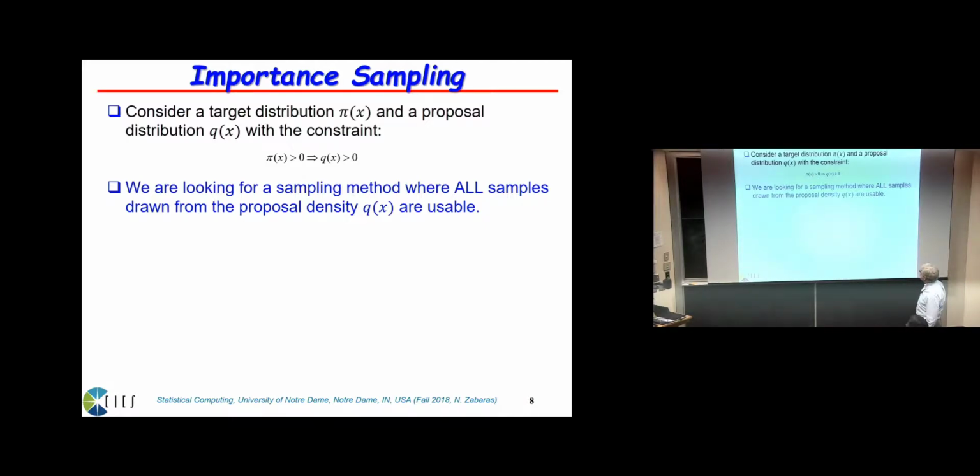We're going to try to generate samples that are drawn from Q in a way that we keep all the samples. We don't reject anything. So we're going to keep all the samples. We're not going to reject any sample. And the only constraint, there's not going to be any bounds or anything like that I had before. Nothing. The only constraint is that in regions where the distribution pi is positive, Q also should be positive. Right? Makes sense.